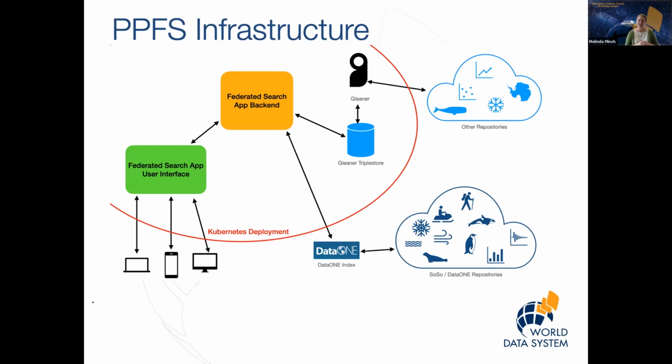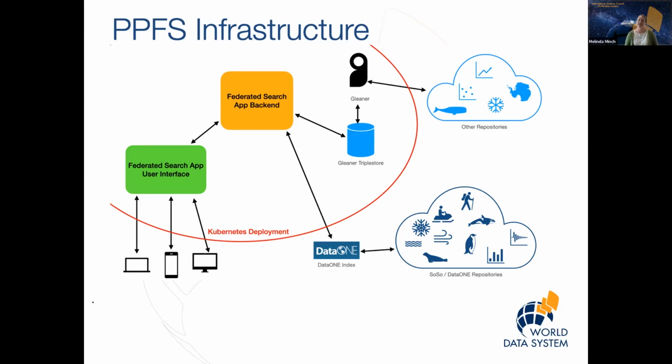It uses Gleaner, which many of you are familiar with, to crawl sites that are marked up with schema.org and get their data sets. It also queries Data1's index, so it federates in that way. And right now we're also working on exposing the index that it builds with Gleaner to be queryable by other sites as well, so we can have a more federated federation.